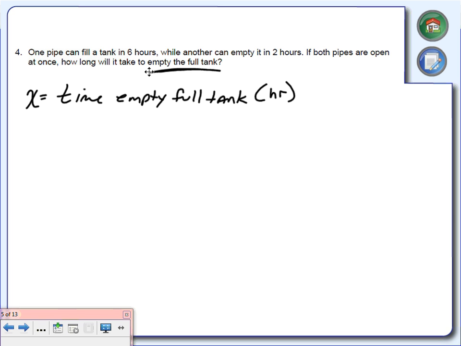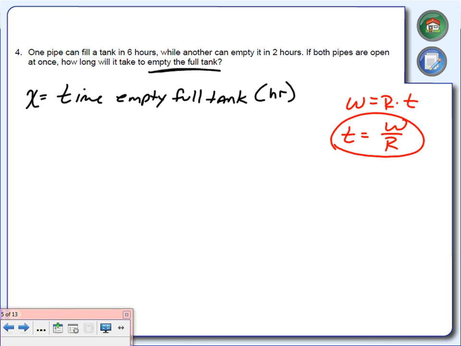All right, so again, we had that equation earlier. Work is equal to rate times time, which means that time is equal to work divided by rate. We'll be using this in a second. Like I said, this one's a little bit tricky. Here's what I'm going to do.